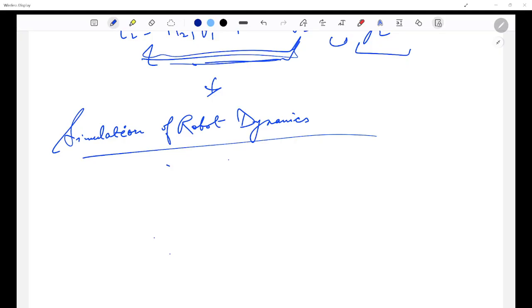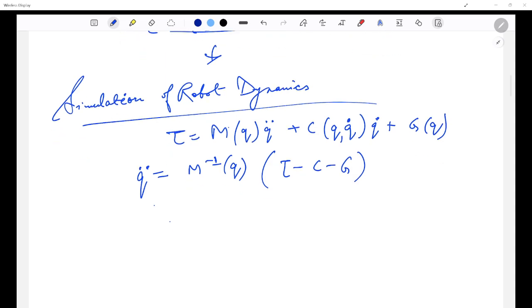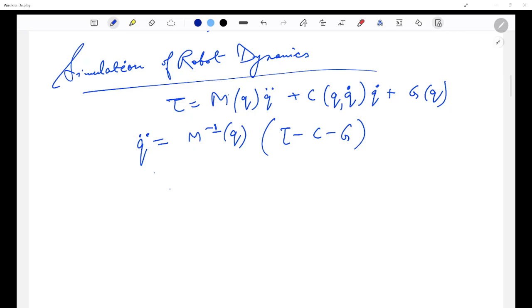Like we already know, and this is very important, the equation of motion: M(q) q double dot plus C, which is a function of q and q dot both, into q dot plus G(q). If you rearrange from here, you'll get q double dot equal to M inverse (q) into torque minus C minus G. Now we need to solve for this.